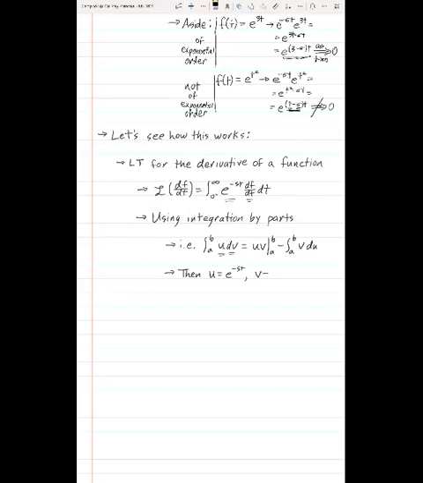So v is equal to f of t, which is of course the integral of df/dt. We can clearly map those into place. One other thing we need is our du, because that's appearing over here. And clearly that du is simply negative s e to the negative st.